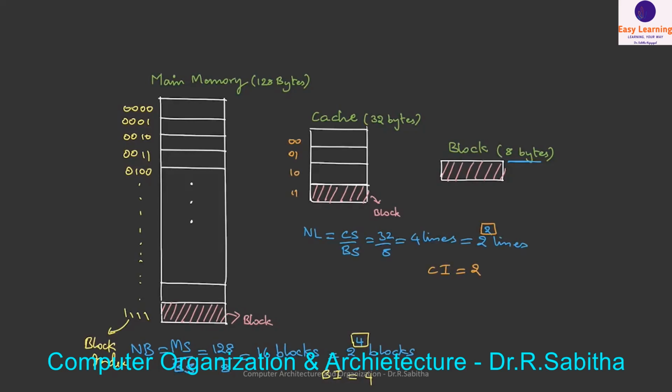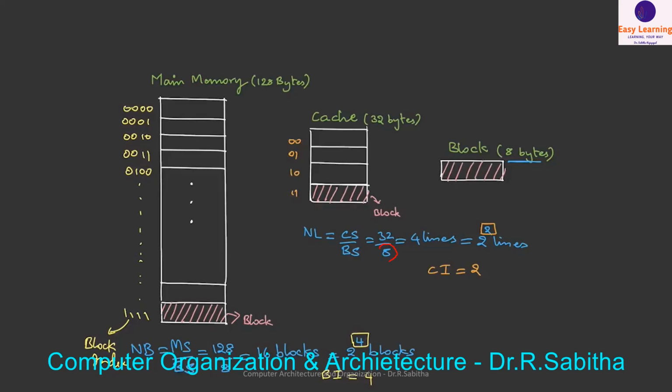Now, we will go to the cache part. The cache size is 32 bytes. So we have to calculate the number of lines. Number of lines of the cache is cache size divided by block size. As I have already told, both the main memory and the cache will have the same block size, so it is 8.